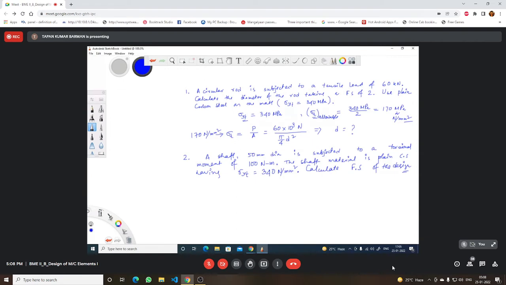Now you see here, with this information, we cannot make the design of the component. Why? The shaft material is plain carbon steel, and here the yield point strength sigma YT is given. But in the material, shear stress will be developed, not the tensile stress. So it is not possible to calculate the dimension from this.